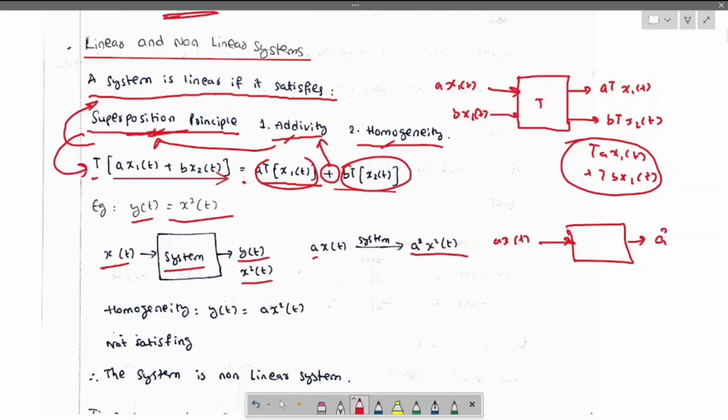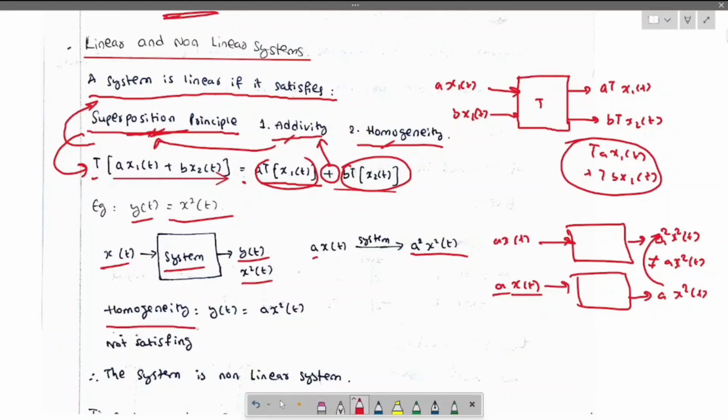It produces a square x square of t, due to the system, which is not equal to a x square of t. What we need to get is that a should remain as it is, not become a square. This is how the superposition principle works.